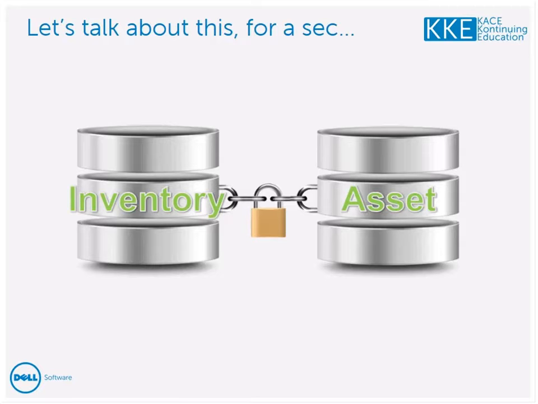So right now they are linked to the device asset type, and by default they are linked by their name. So the name of the computer will be linked to the name of the asset, and when you pull in inventory, it will update those items so that the chain stays the same there. So just keep that in mind if you want to track some things a little bit differently. Those are the kind of things to look into.